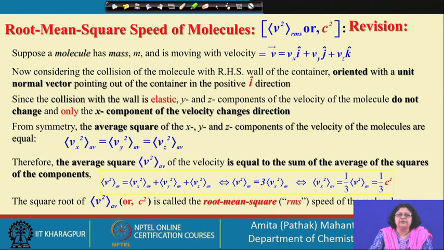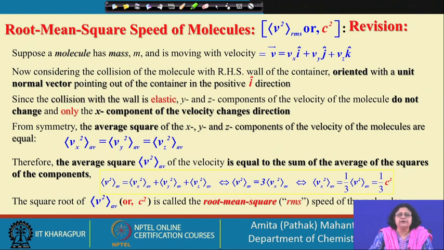This is the i factor which is associated with the vector. Since it is an elastic collision, if I am talking about the direction only x, then I will consider that the z and y axis components remain unchanged.